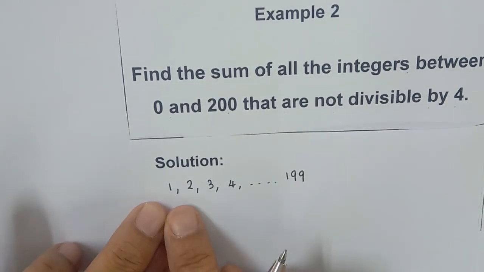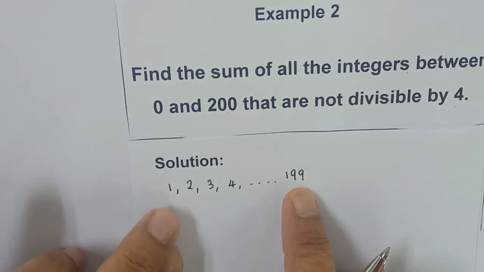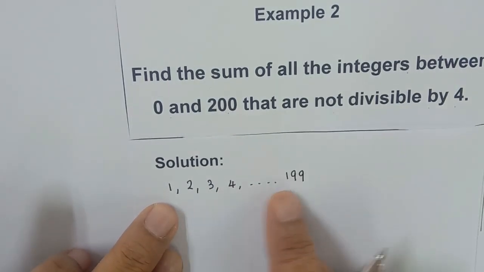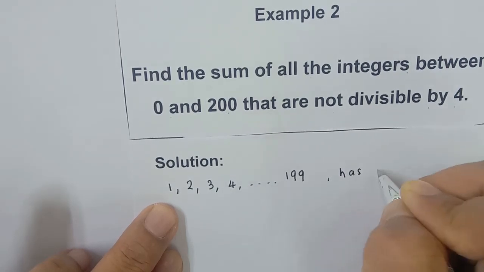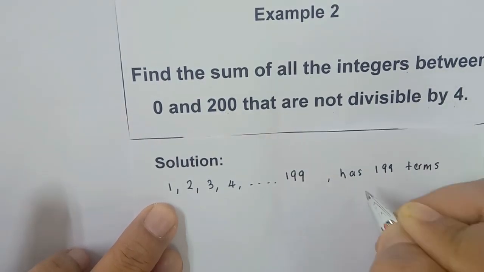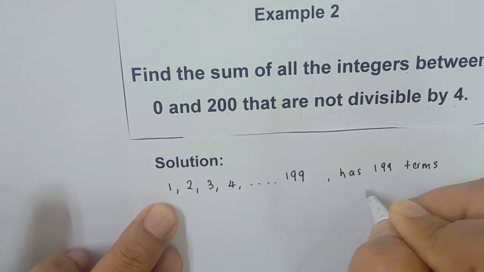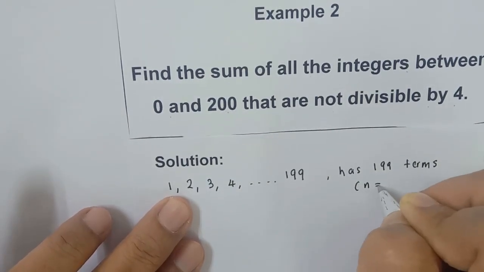So from 1, 2, 3 until 199, this sequence has 199 terms, or n equal to 199.